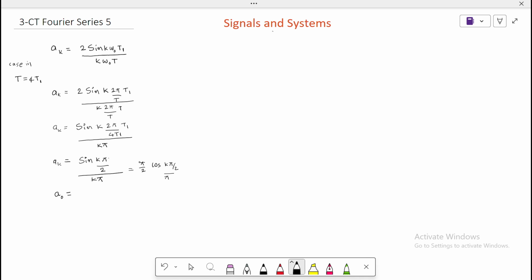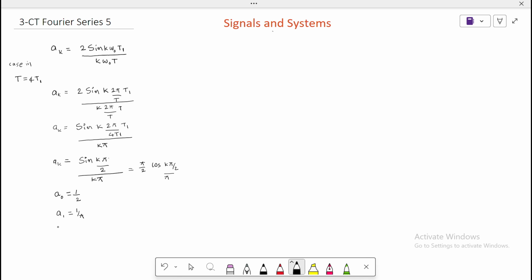So pi gets cancelled, and we will get 1 by 2. Next, a1: sine pi by 2 equals 1, so a1 equals 1 by pi.